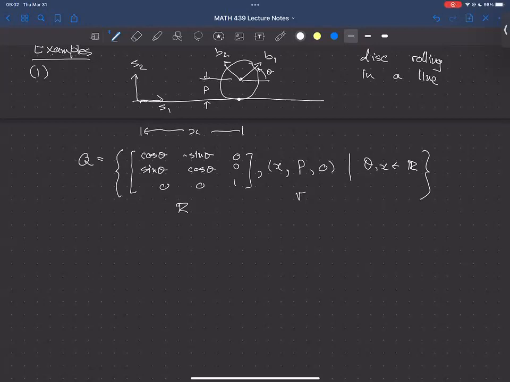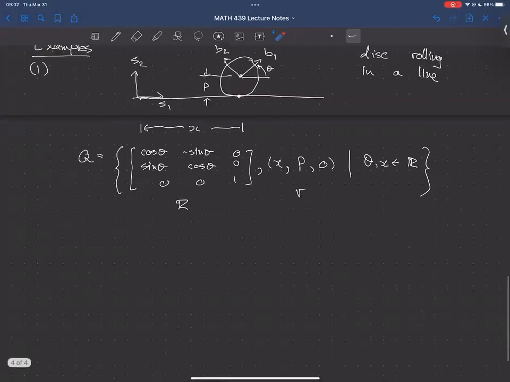So how do we model the fact that as the body moves and it's in some configuration, big R and little r, there's going to be a point of contact whose spatial velocity will be 0, because it's in contact with the ground and the ground is stationary?